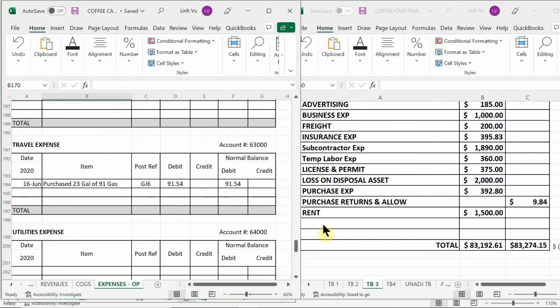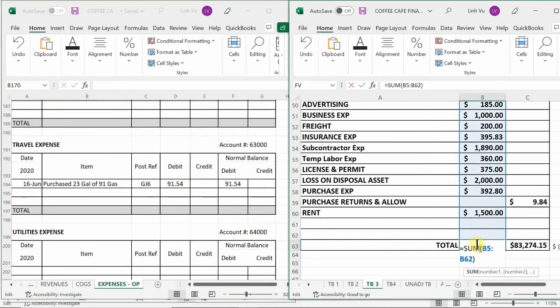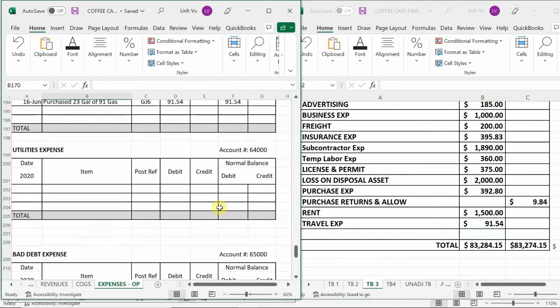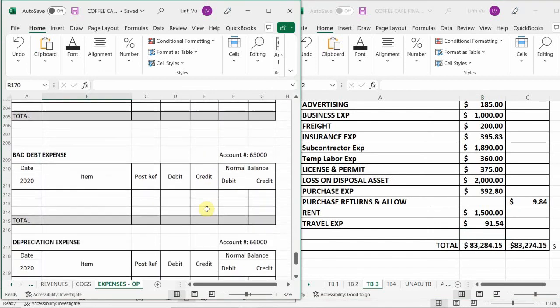We got travel expenses. Okay. For how much? $91.54. Anything else? Do we have utilities expense?